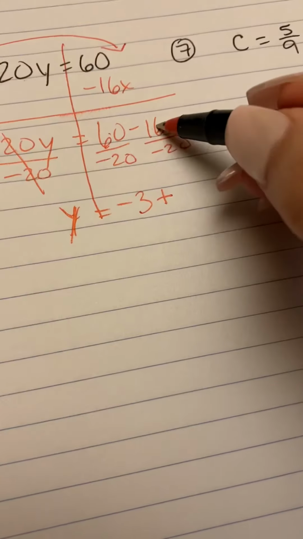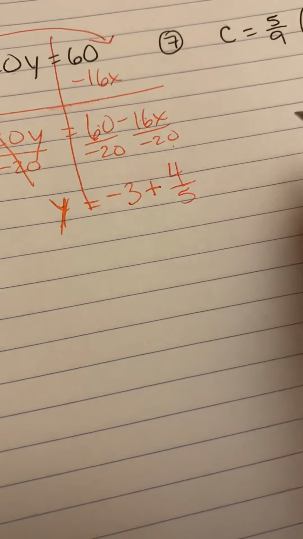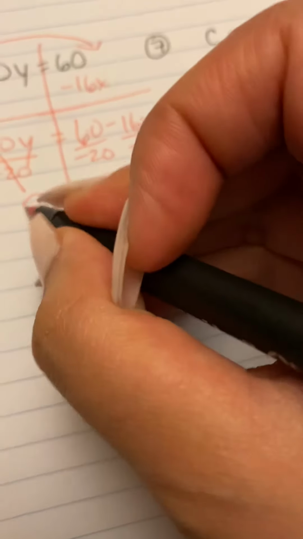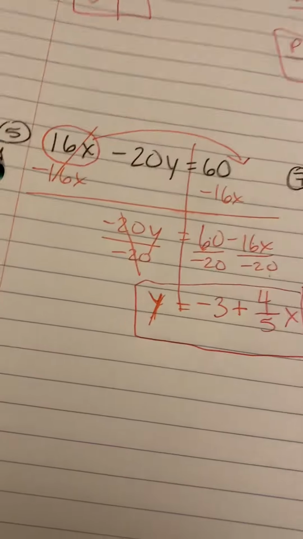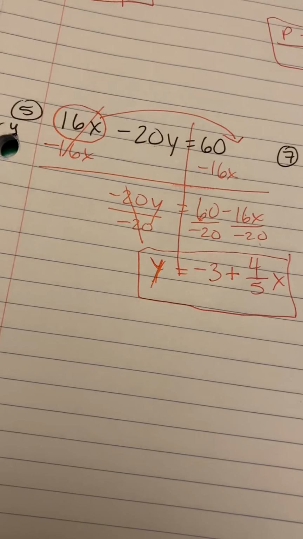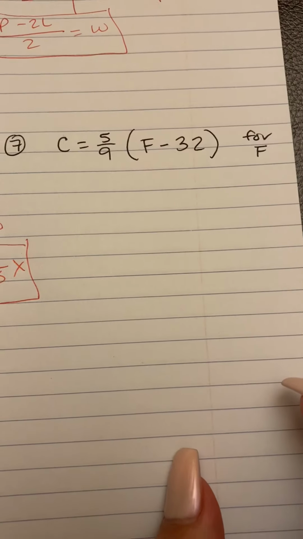If you divide the top and the bottom by 4, that leaves you with 4 on top and 5 on bottom, x. Okay? So that one's going to be like number 6. Do the same thing.